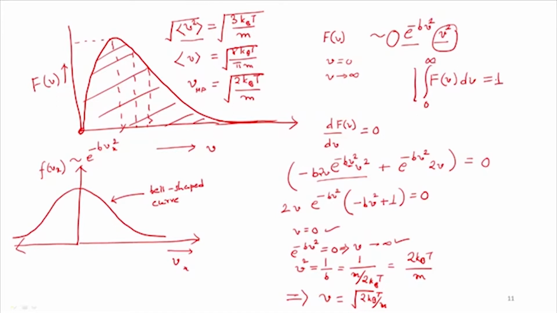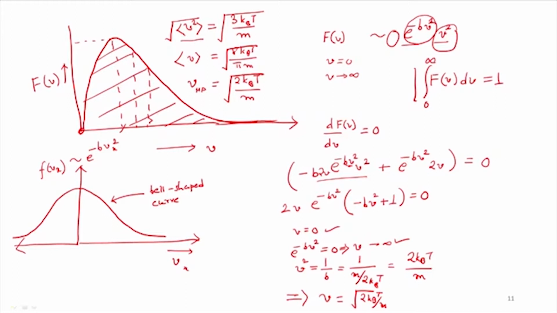Now we can ask a question: suppose we go to a higher temperature, or a lower temperature, what will happen? If we increase the temperature, you can see that the function has a functional dependence on temperature inside b, and there is also v square. Both of them are dependent on temperature.